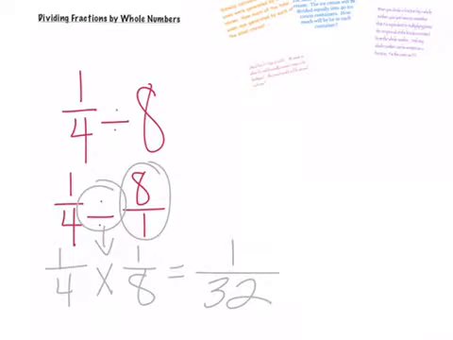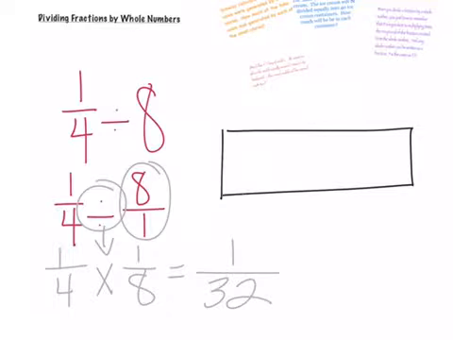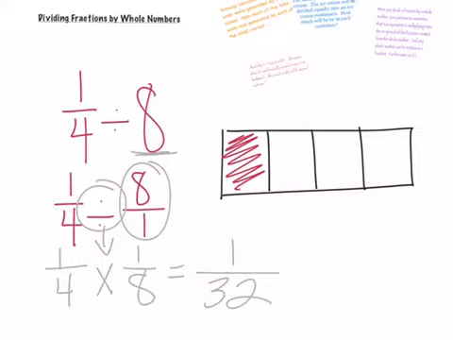Now let me show you how this works. So let me show you the model. Say we have this. So there's my 1/4. But I have to divide it into 8. So 1, 2, 3, 4.